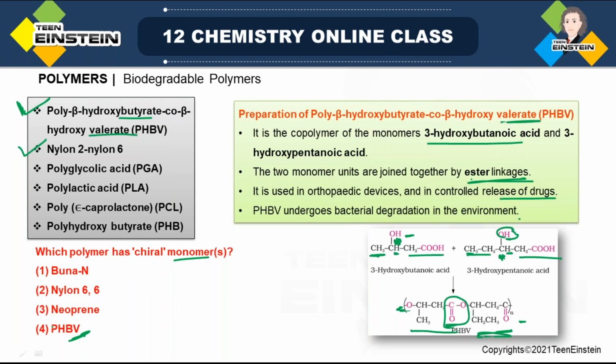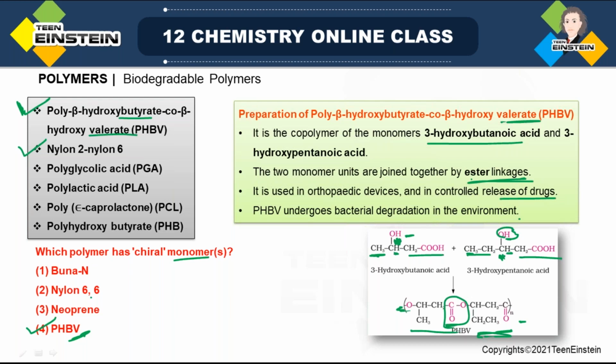So if you are sure that in PHBV there is a chiral center, you can easily choose this option. You don't even have to look at the other options. Remember, neoprene, as we have just seen, is synthesized starting from chloroprene. Here basically only double bonds are present in the monomer, but no chiral center.